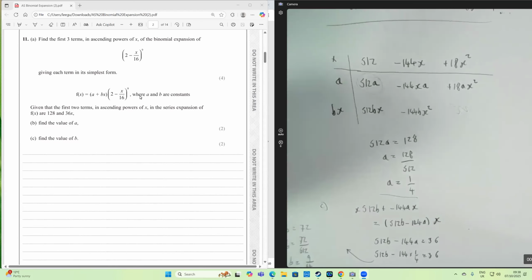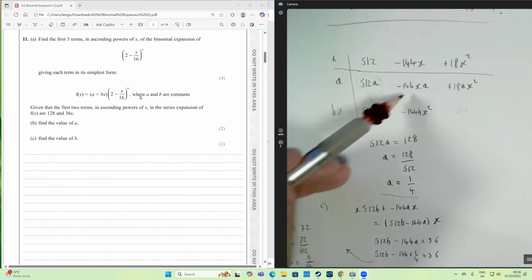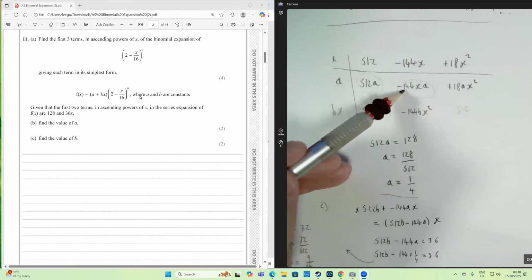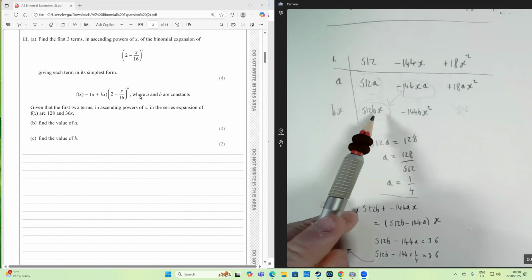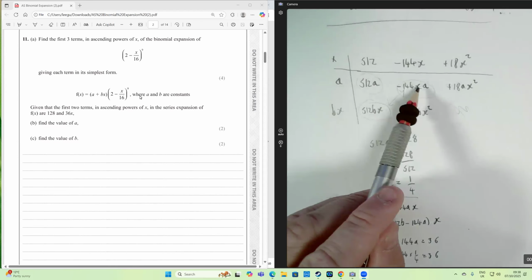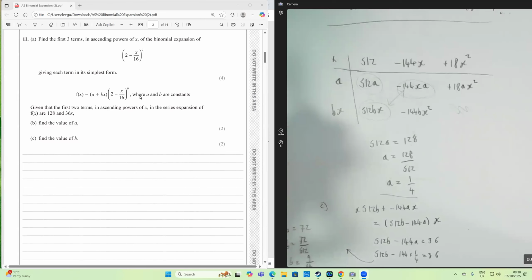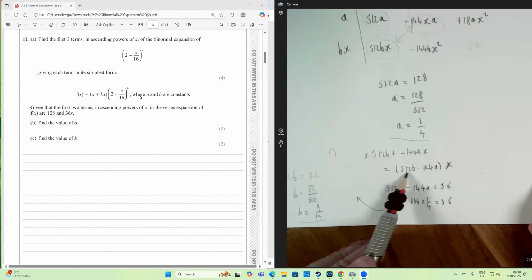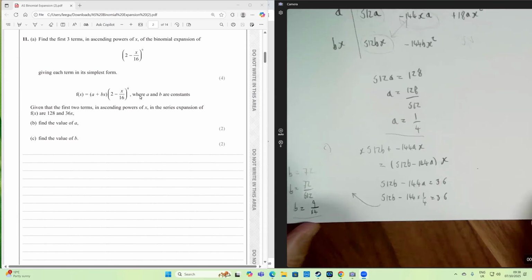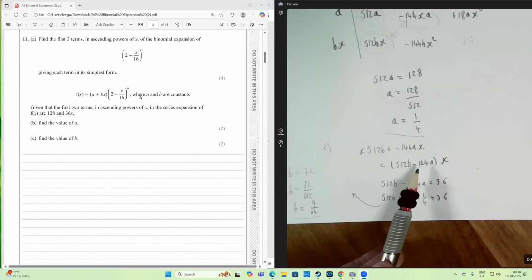So that's nice. Now, what about the second term of f of x? The second term is given by collecting like terms from these two terms here: 512bx plus minus 144ax. We've written those two terms together, added them together and taken the x out as a common factor. We're told that the second term is 36x.